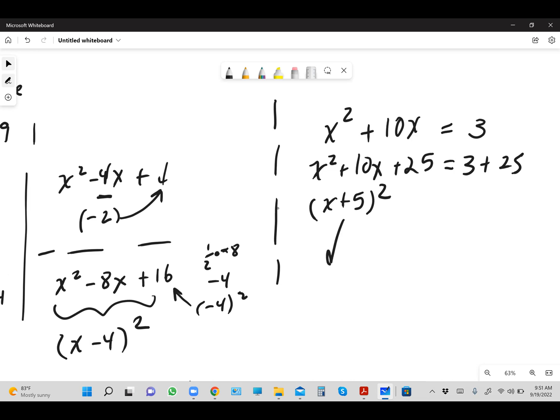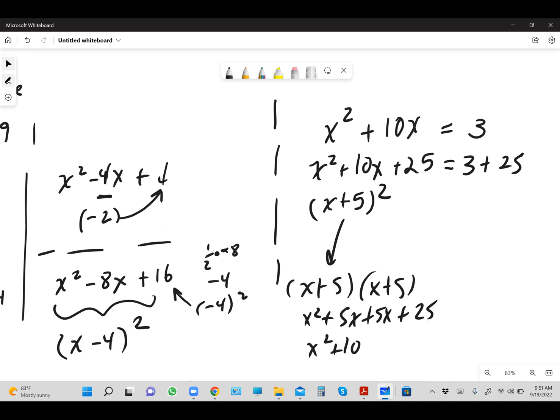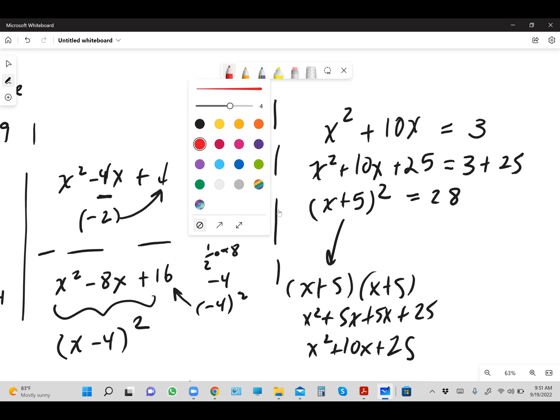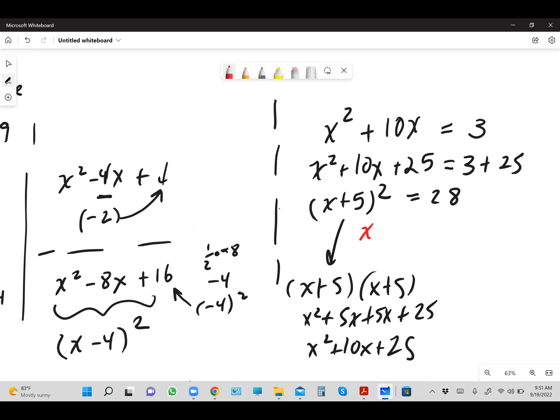If you want to check, x plus 5 times x plus 5 does indeed come out to this. It does come out to that. See it? And now you can solve that. That's obviously x equals -5 plus or minus the square root of 28.